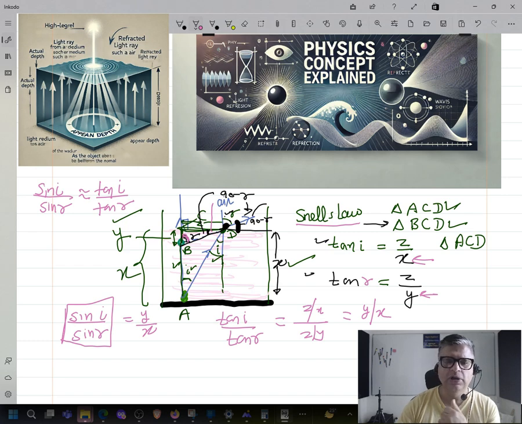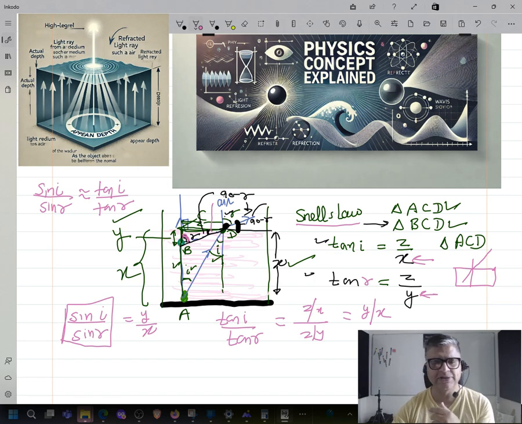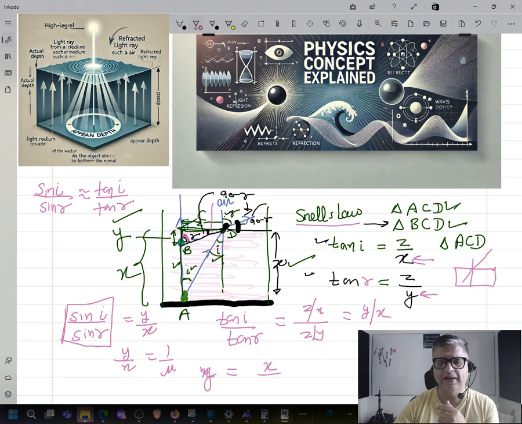Because we are not talking about the usual refraction, where the entry is happening from rarer to denser, whereas in this case the entry is happening from denser to rarer, y by x actually has to be written as 1 upon mu. Therefore y, which is your apparent depth, becomes equal to x upon mu.